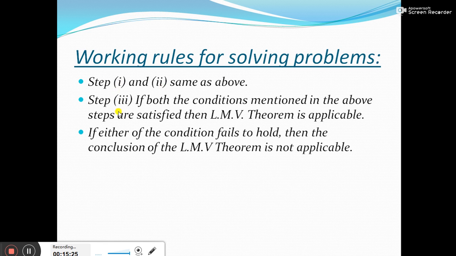And now third step, if both the conditions mentioned in the above two steps are satisfied, then you can say the LMV theorem is applicable. If either of the conditions fails to hold, then we can say the LMV theorem is not applicable.